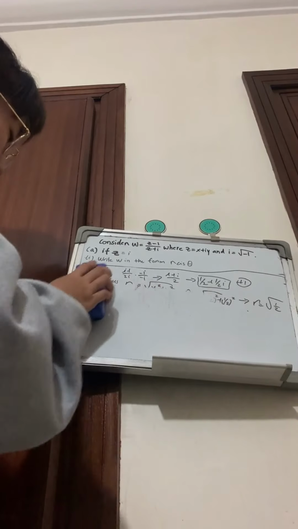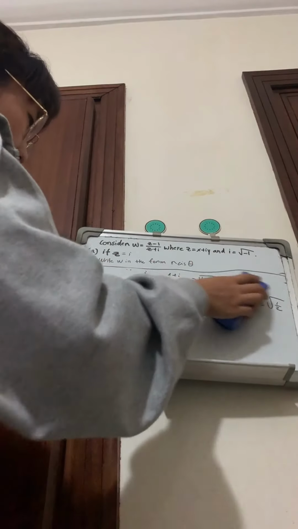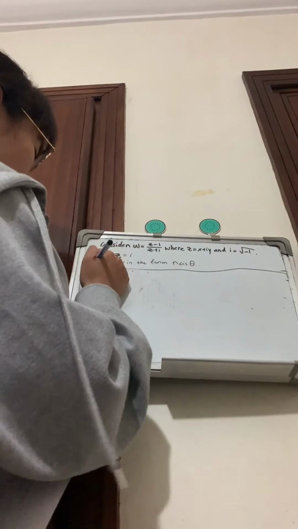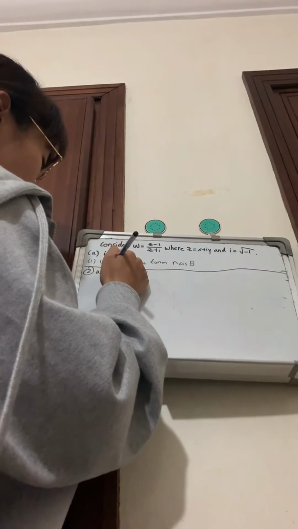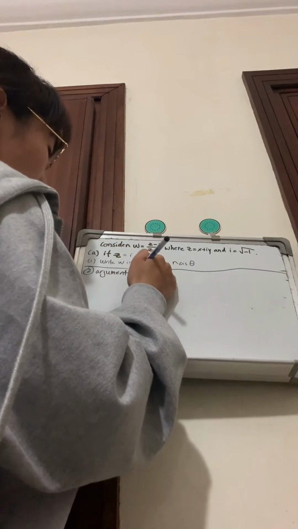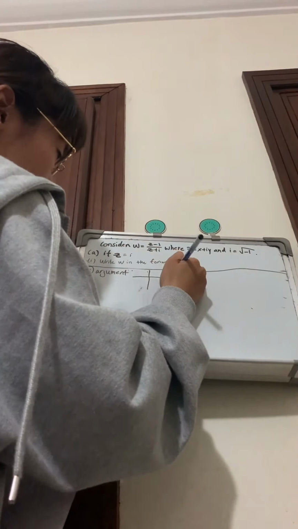Now we're going to move on and try to find the second thing, which is the argument. Just keep those in mind. Okay, the argument. Basically on the argand diagram, you have the x here, you have the y here.